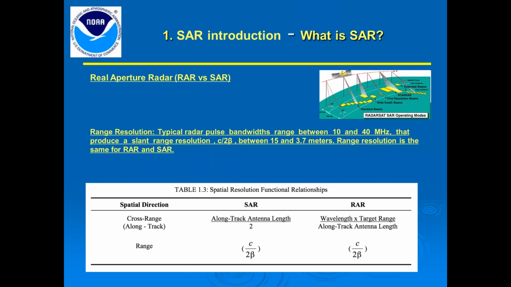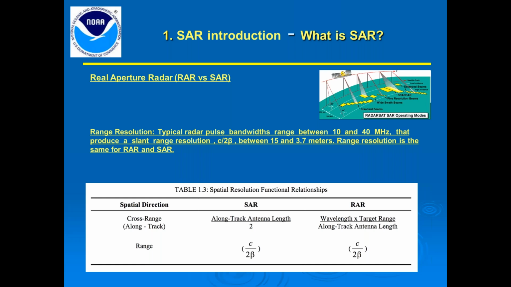So what is a synthetic aperture radar? We call it SAR. And what's the difference between a real aperture radar and the synthetic aperture radar? It comes down to the ground resolution differences.